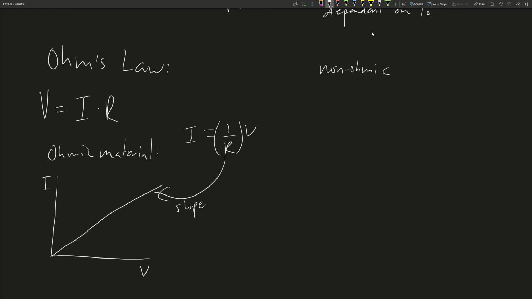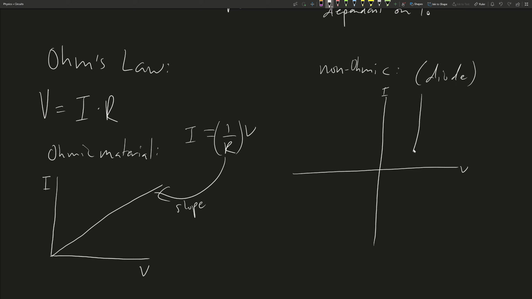then what that looks like, for example, a diode, which is based on semiconductors, is if you have a graph here of voltage and current, it's not going to be a straight line. So for diodes, this graph will look something like this. So this should be at 0.